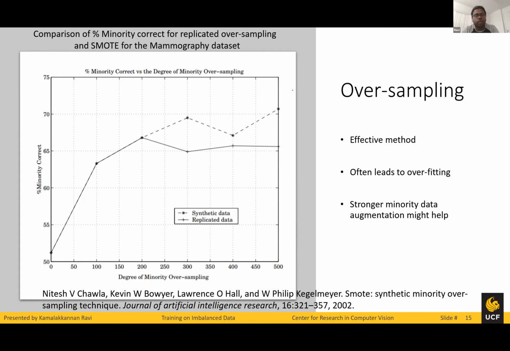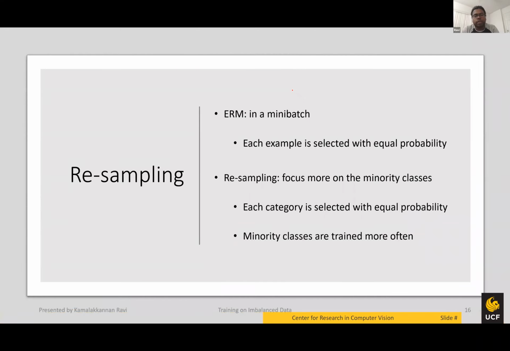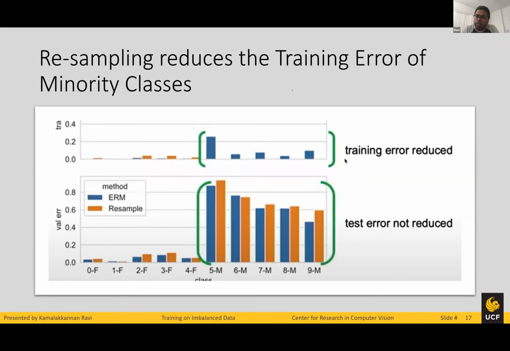That's one solution. To put the resampling together as a whole, we can do ERM. ERM is called empirical risk minimization, in which we give equal probability to each example in a mini batch. Or otherwise, we can take equal probability for each category. That's one way of resampling. In both cases, we would be sampling minority classes often, and that way we would be able to reduce the training error, as we see here.